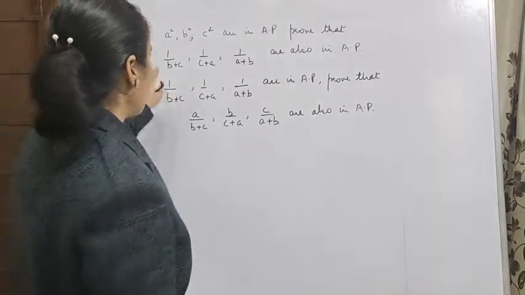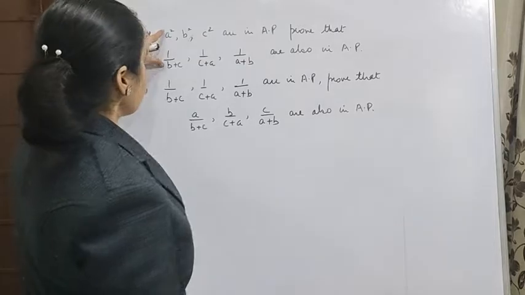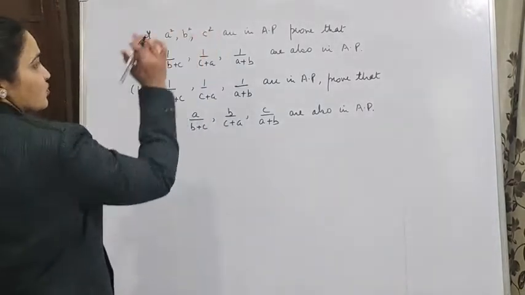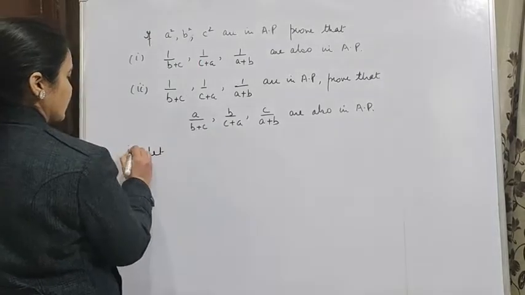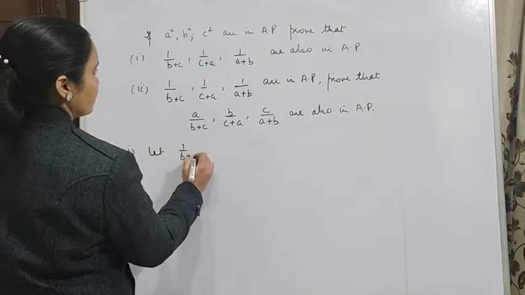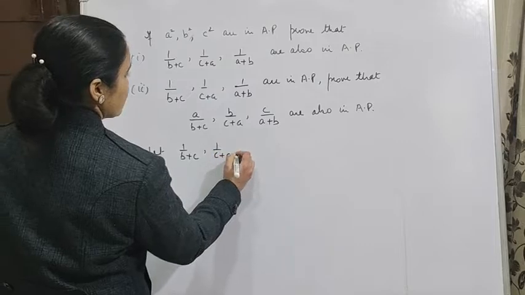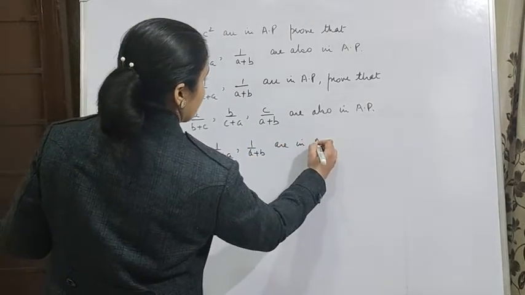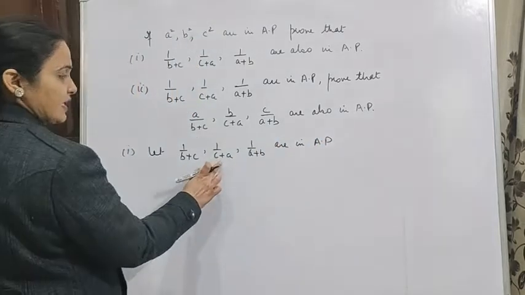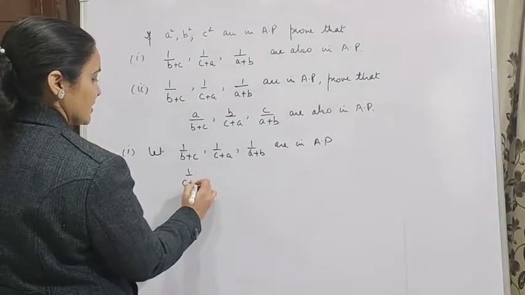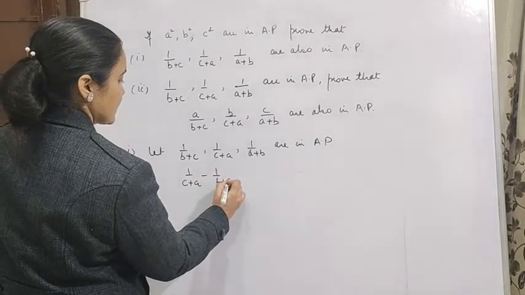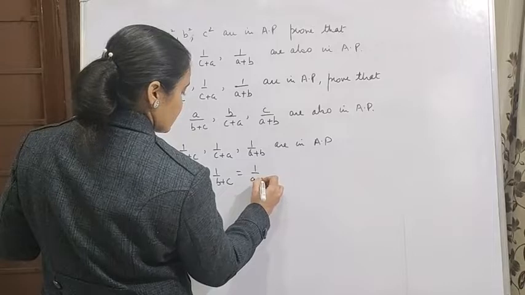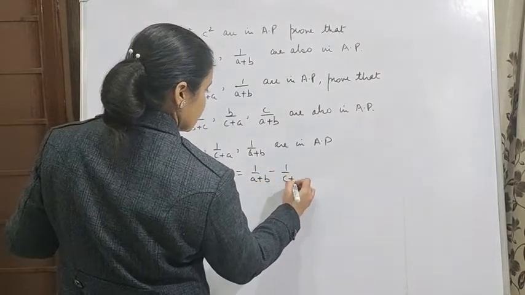Okay, so we will prove one part, and then this other part is interlinked with it. So let us now prove this. Let the first part be: let we have 1 upon B plus C, 1 upon C plus A, 1 upon A plus B in AP. If they are in AP, then the difference between these, C plus A minus B plus C, second minus first is equal to third minus second.